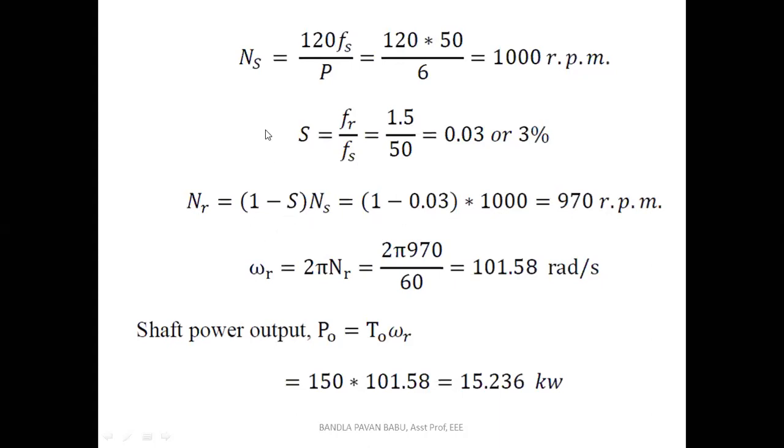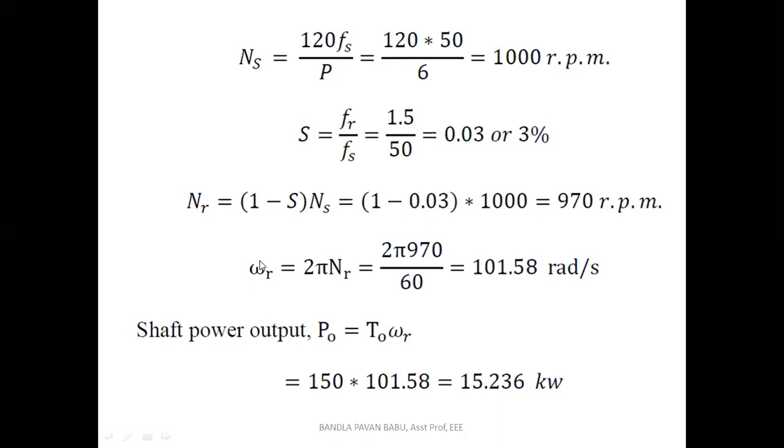Or we can obtain from S equal to (ns minus n) by ns. Okay, so I have said to you earlier, in some textbooks they will be writing as n or nr, don't get confused. So omega r equal to 2 pi n, sorry, that is the actual speed of the rotor in rpm.